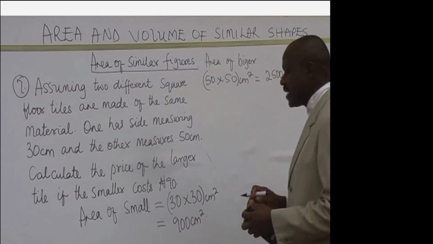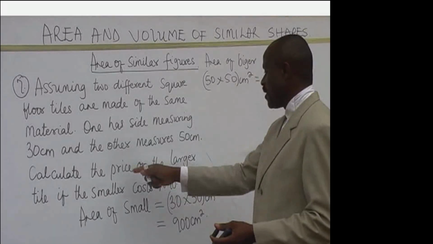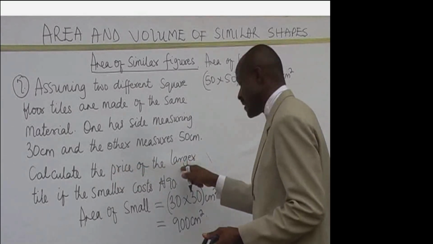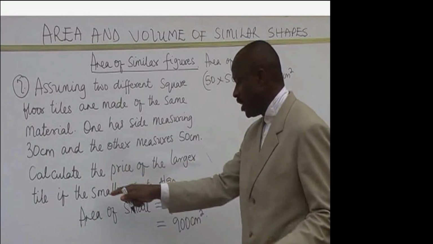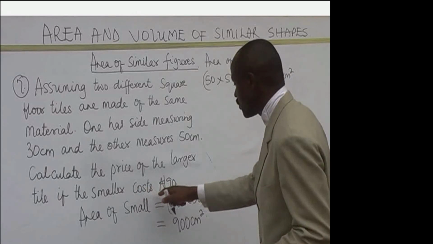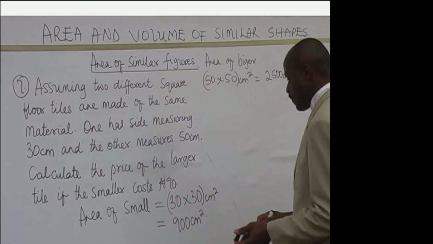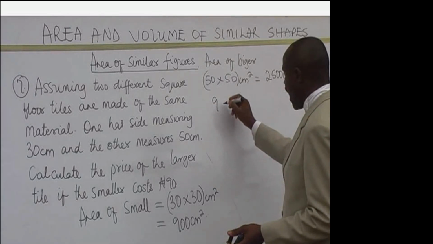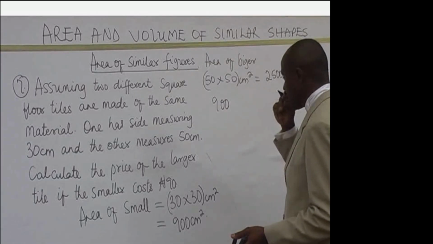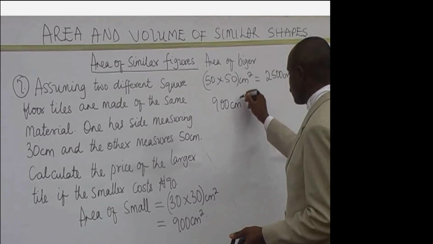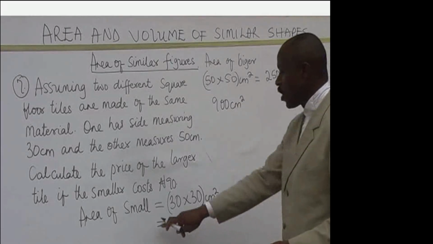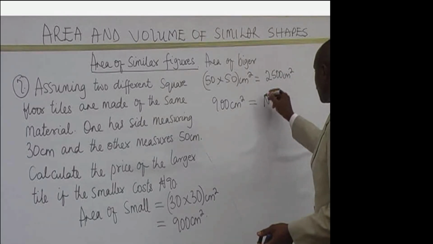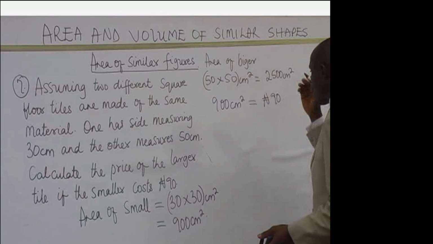Now, the question is telling us to calculate the price of the larger tile if the smaller costs 90 naira. That means a tile with an area of 900 centimeters squared, the area of the small tile, will cost 90 naira.